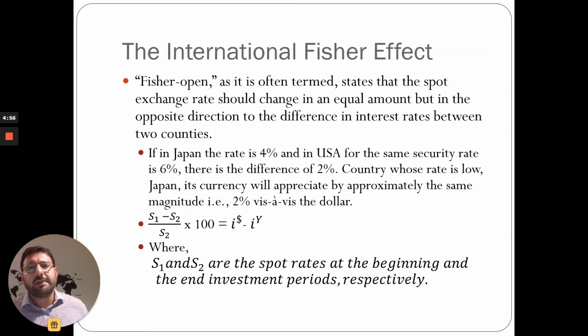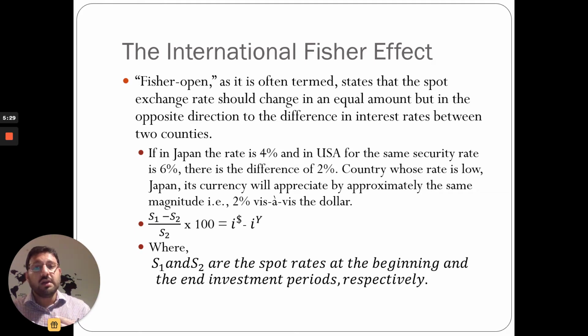So the Fisher Open says that the exchange rate should change in an equal amount but in the opposite direction to the difference in interest rate between the two countries. So for example, if there is a US investor and he's buying a 10-year Japanese bond which is offering him 4%, and for the same 10-year bond the rate in USA is 6%, so there is a difference of 2%.